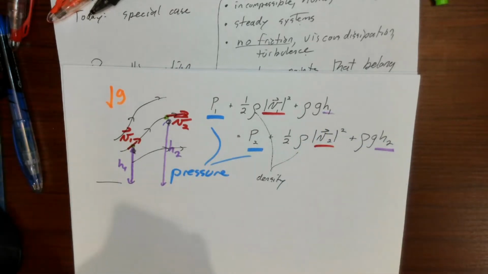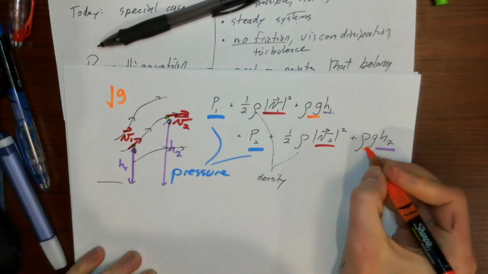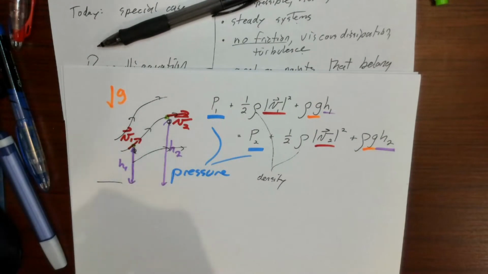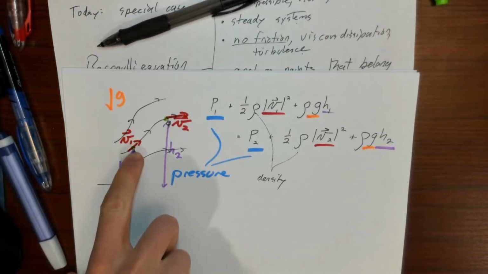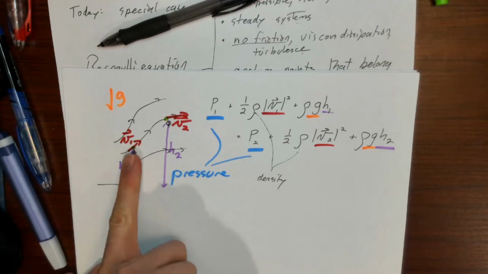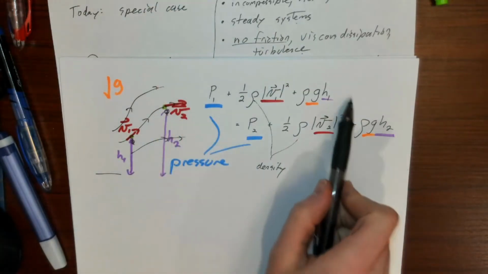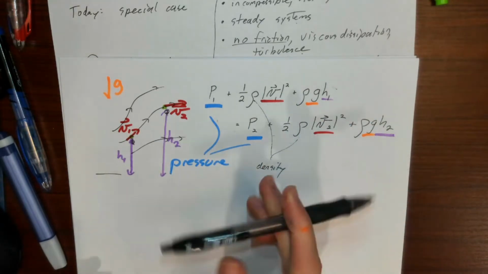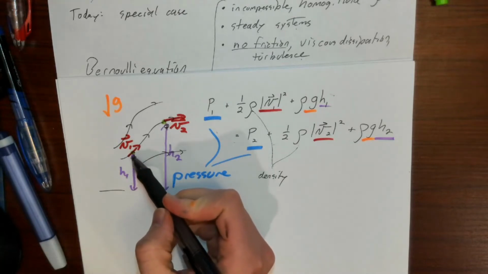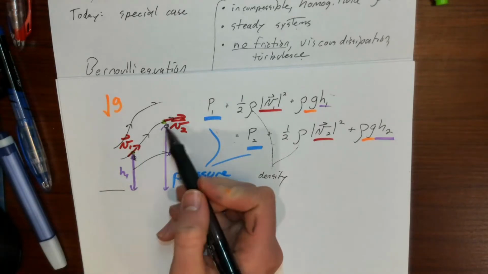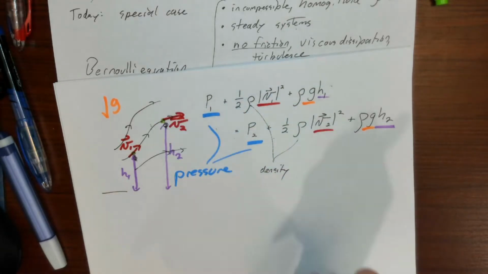Those are the heights that I'm talking about. And g is gravitational acceleration, that 9.81 meters per second squared that we've seen all along. So h's are essentially heights in a direction that is against the direction of g. So that's what these terms mean. So basically, if we have these flows, we can relate pressures at different points in the flow, velocities at different points in the flow, and height levels at different points in the flow.